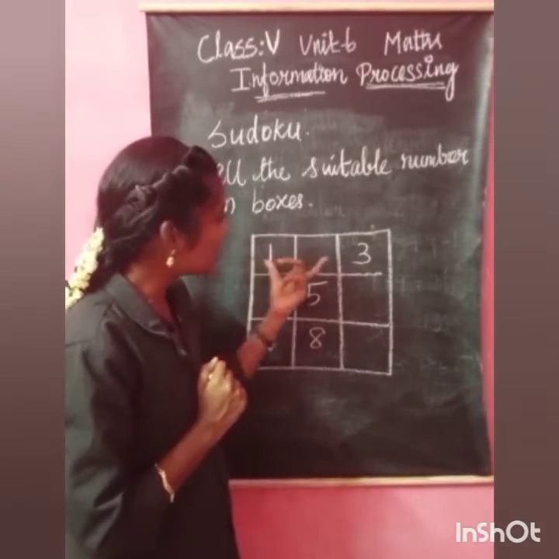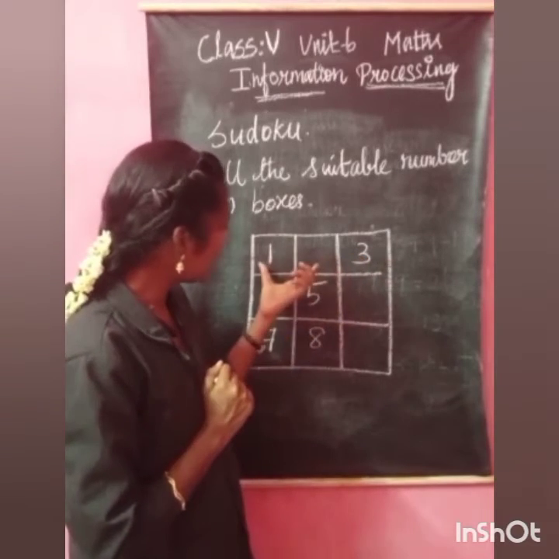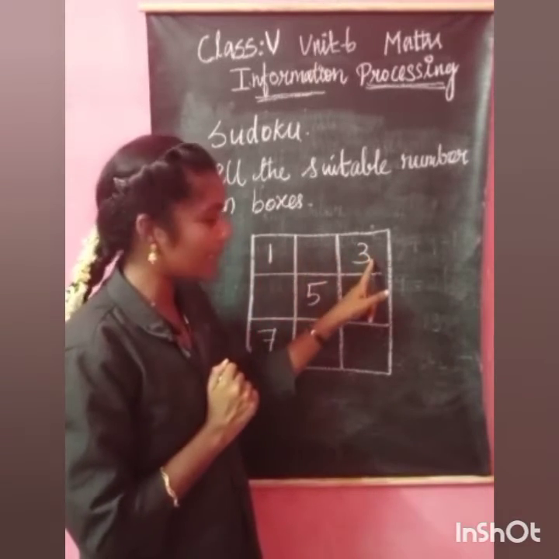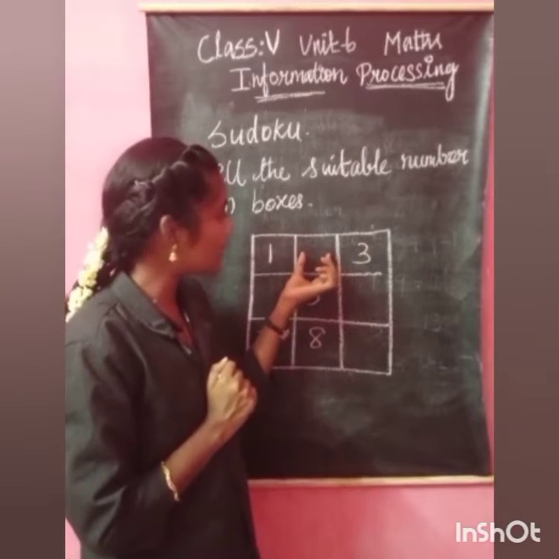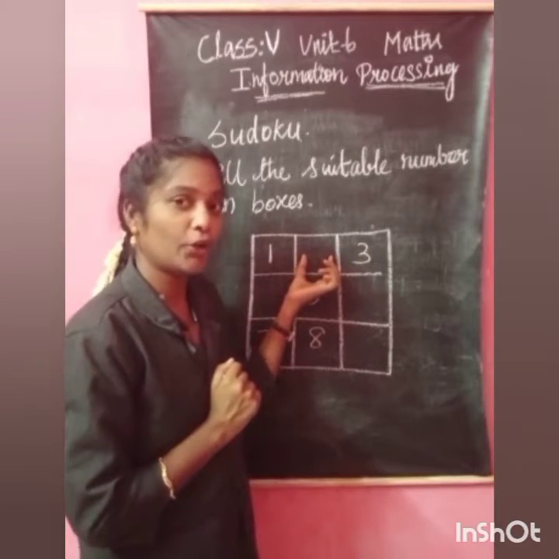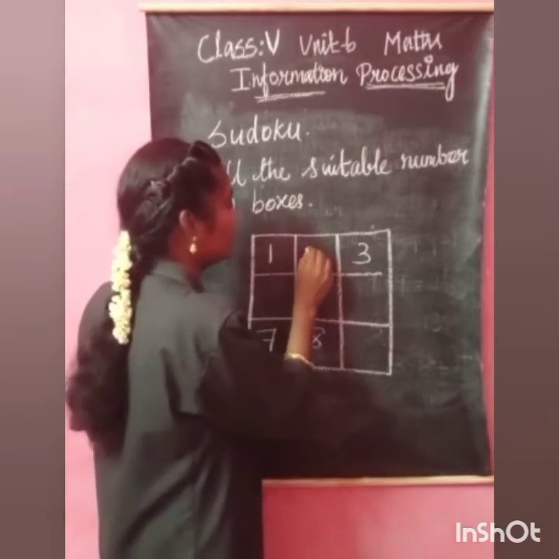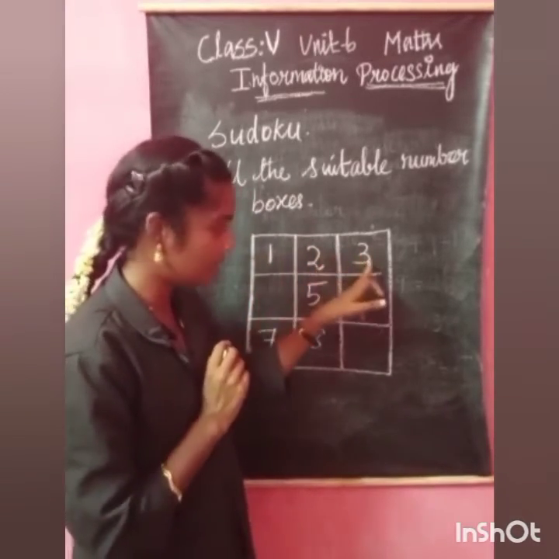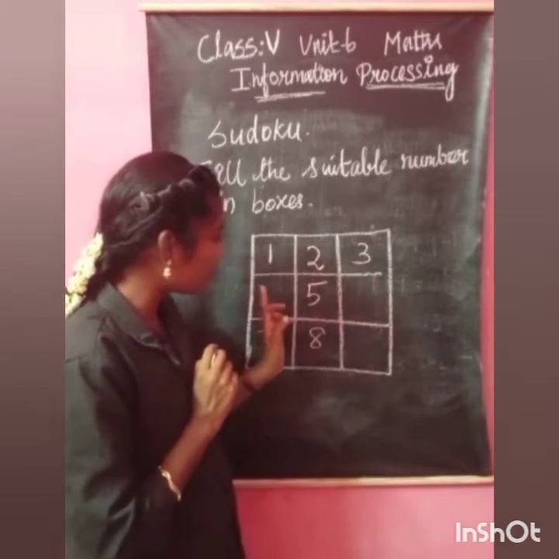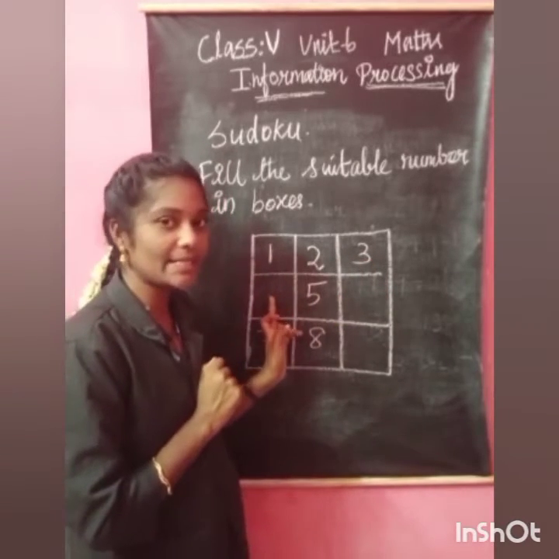See the first row. Here 1 and 3 are given, and the number in between is missing. What is the missing number? It is 2. Very good. So 1, 2, 3. See the next row. After 3 is 4, then 5 is given, and then one is missing. What is the number after 5? It is 6. See the third row. Here 7 and 8 are given. What is the missing number?